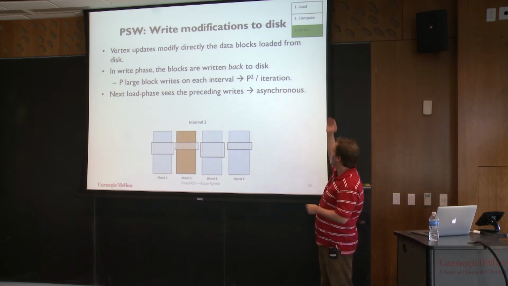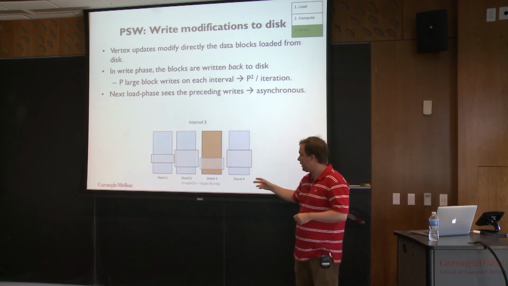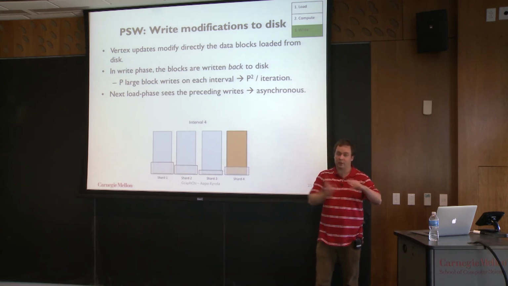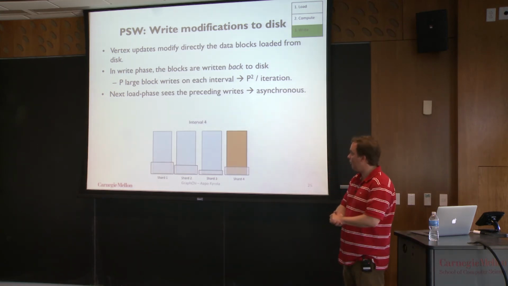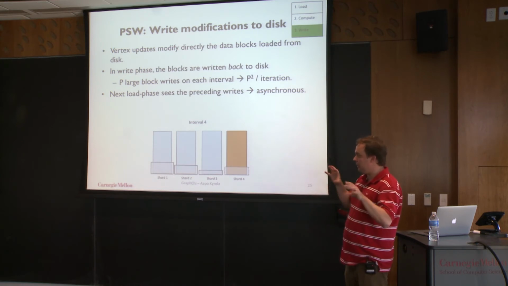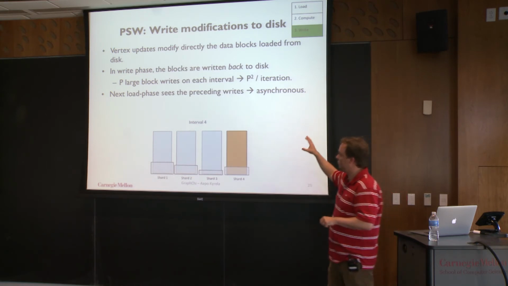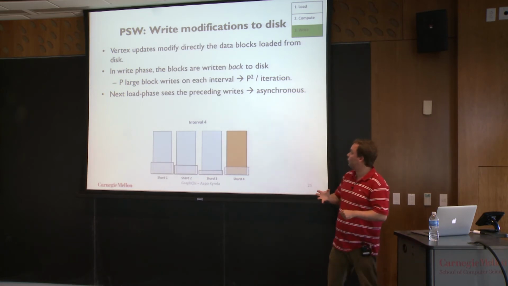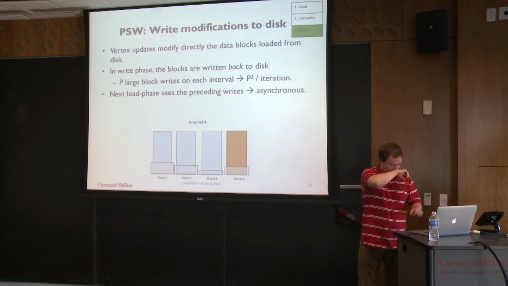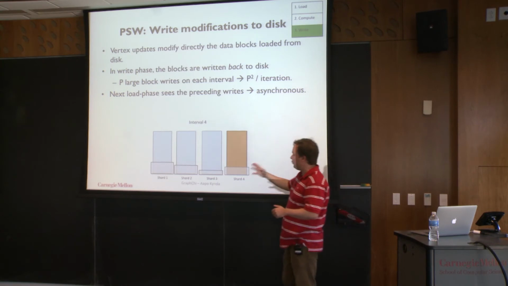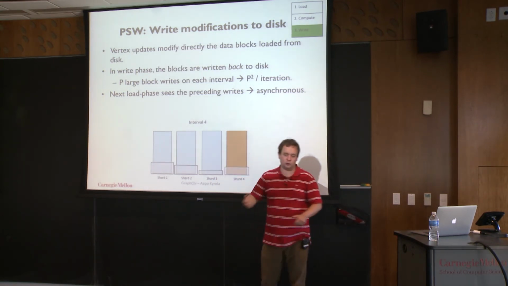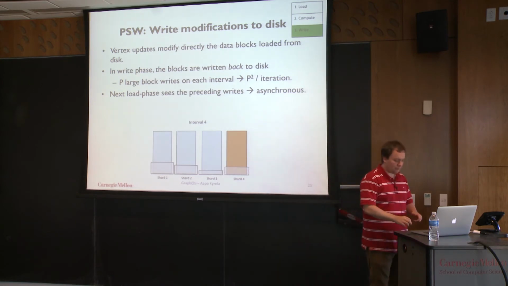Like I said, in the third phase, we write these modifications to disk, and because the changes were done in the disk blocks, we just write them back where they were loaded. Again, we just need p large writes, same as the reads for each interval, and p squared per iteration. And writes made in interval 2 are immediately visible when we load interval 3. So again, we are asynchronous.